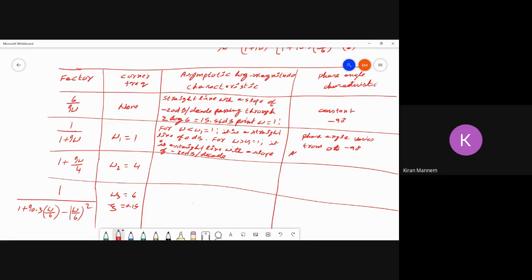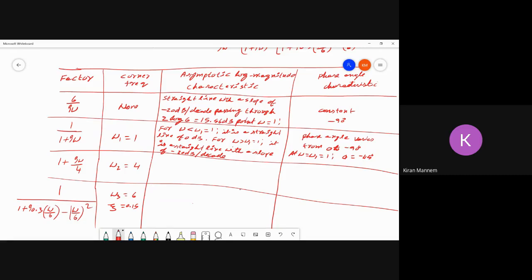And at omega equal to omega 1, that is 1 here, your phi value is minus 45 degrees. We found this one. So this is about 1 by 1 plus j omega, that is the pole value. Next value is the zero.